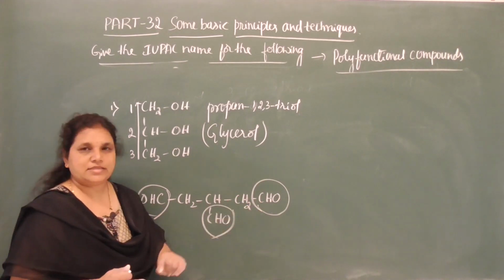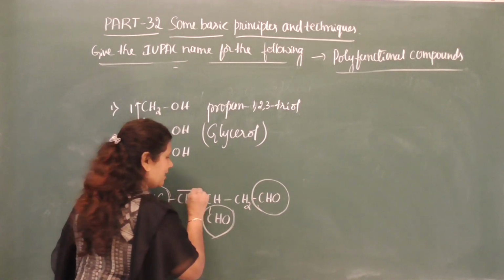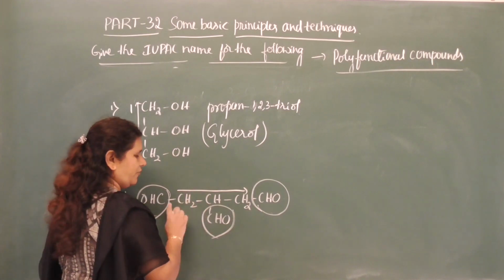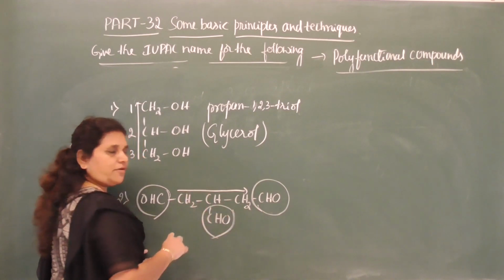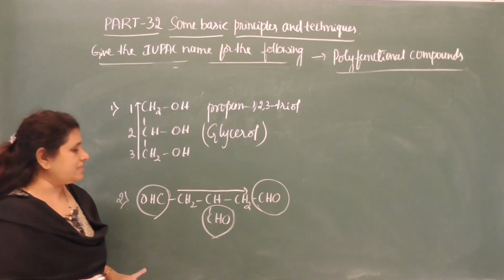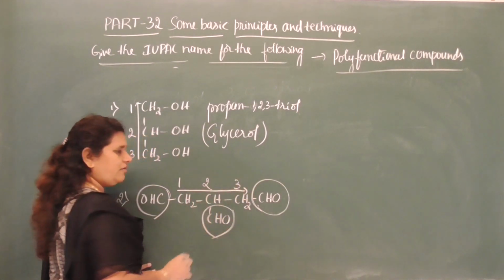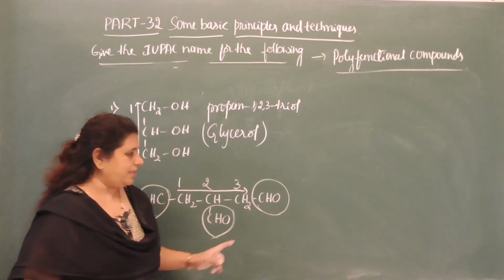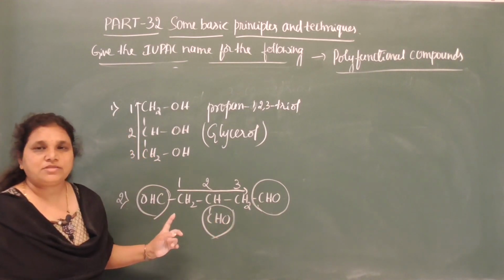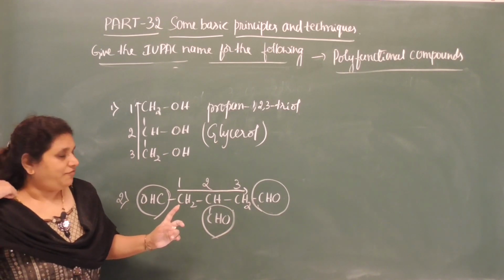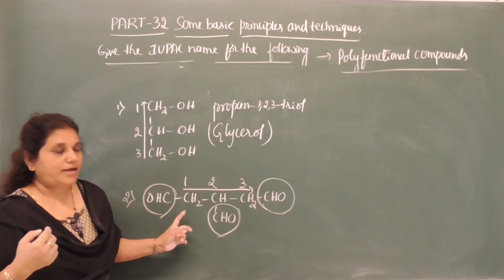Therefore the selected carbon chain is this. And you can give the number from left to right or from right to left, the sum of the locants remains the same. So 1, 2, 3. And here we need to use a special suffix, that is carbaldehyde, because here we are not considering the carbon atom to the root word.